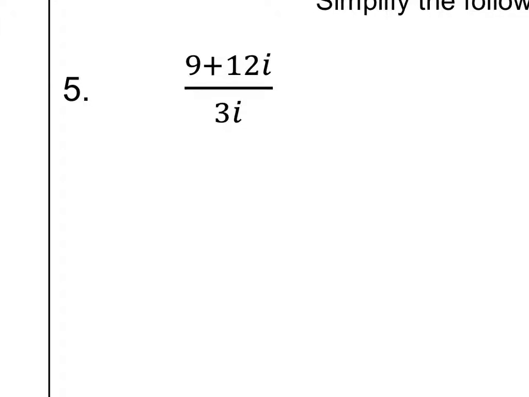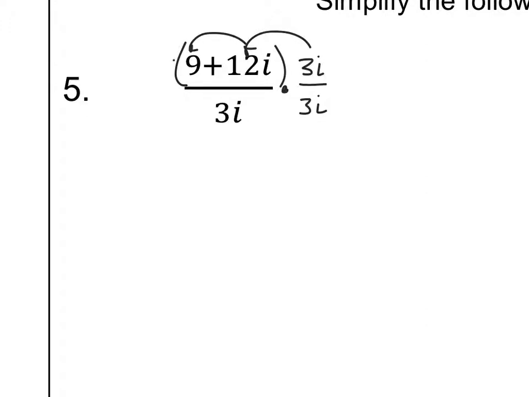What I'm going to do is multiply top and bottom by the same thing. Now, if I had like 5 plus 3i, then I would have to use the conjugate. Okay, so by multiplying top and bottom by the denominator, I have to distribute here, just like before.